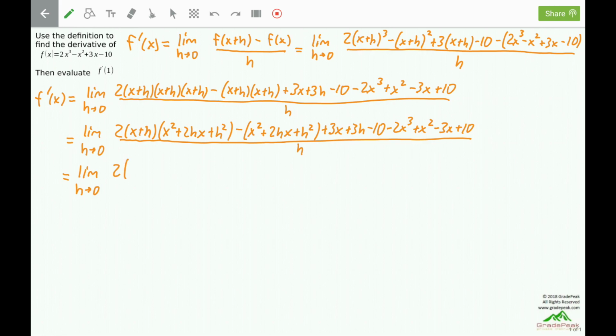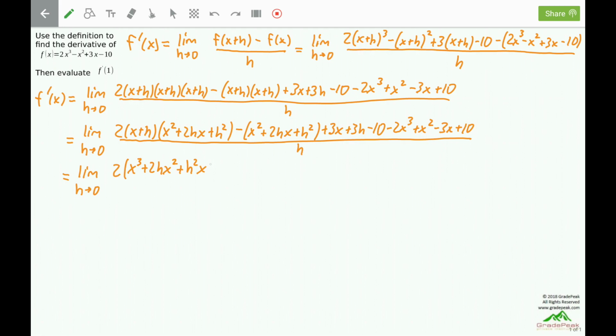So I'm going to do x times x squared. That will be x cubed. x times a positive 2hx, which will be a positive 2hx squared. And x times a positive h squared, which will be a positive h squared times x. So there's the x having gone through each of the 3 terms. Now we'll send h through each of them.